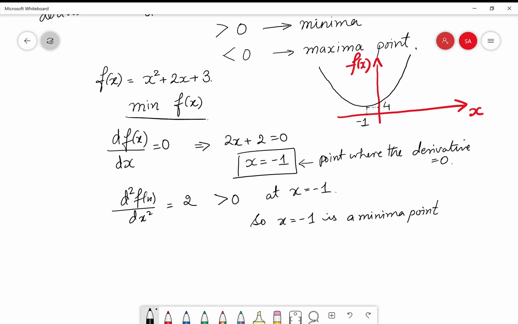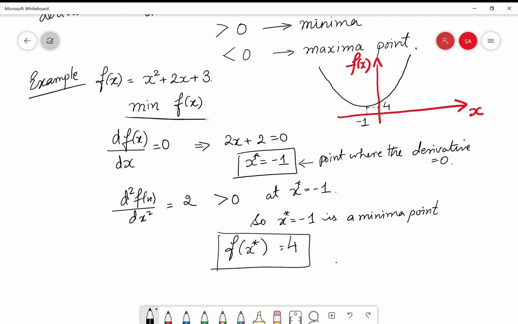And what is the value of this function at this point? Let's say this is x star. So the value of the function at x star is, you can put -1 in this equation and you get 4.